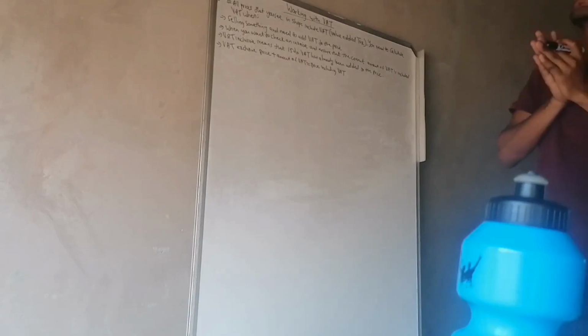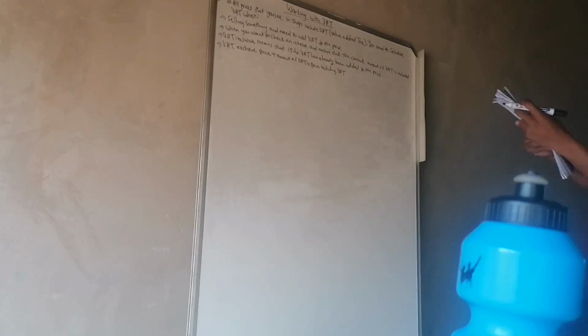Thirdly, VAT inclusive means that 15% VAT has already been added to the price, so we have already added the tax when we priced the item. Lastly, VAT exclusive price plus the amount of VAT equals price including VAT. The best way to understand these things is to go through an example.